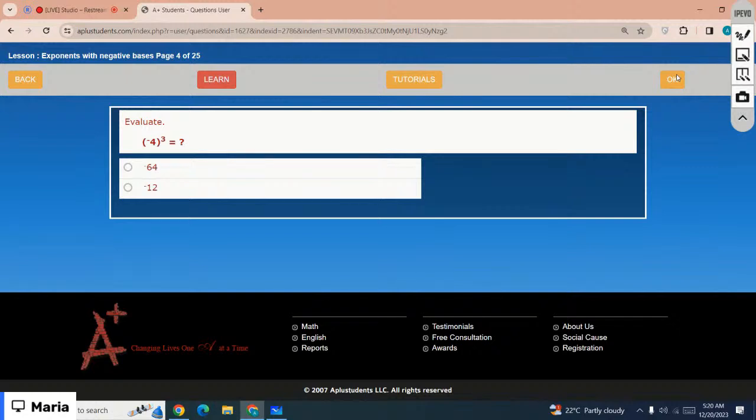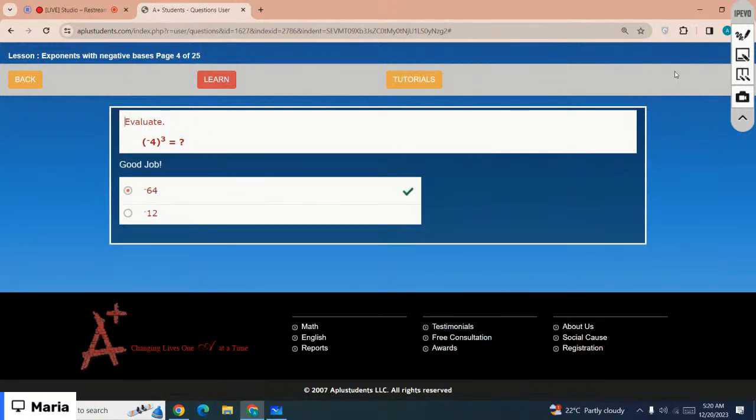So, the answer must have a negative sign, and you have to evaluate 4 times 4 times 4. That is 4 times 4 is 16, and 16 times 4 is 64. So, the correct option is negative 64. Option number 1 is the correct option.